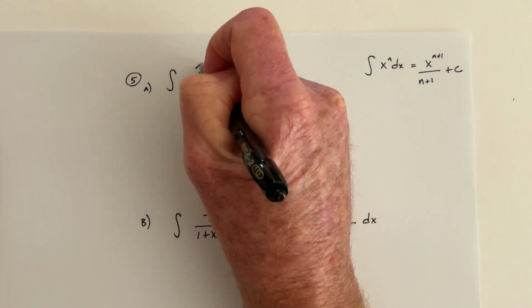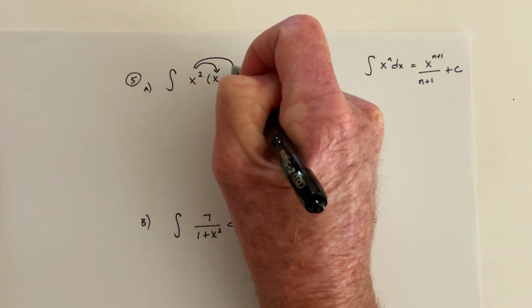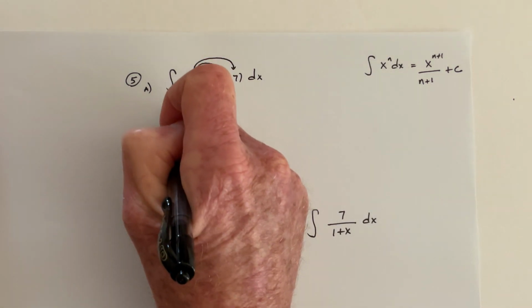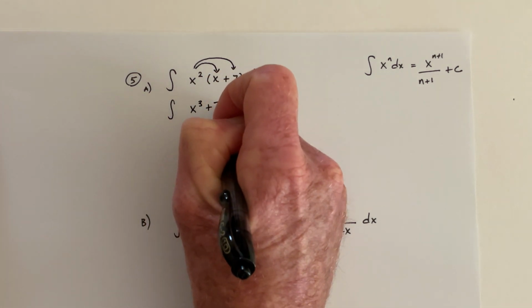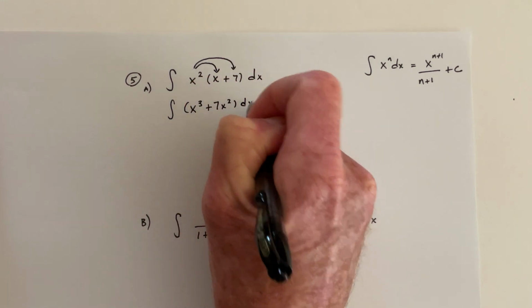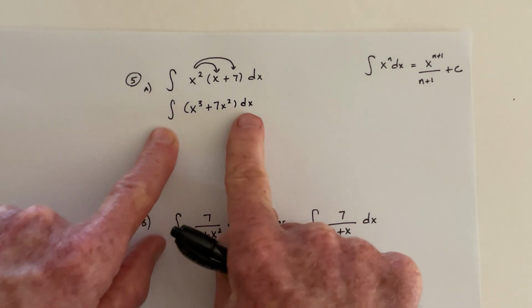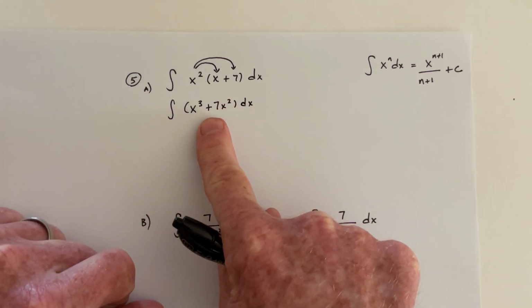Although first, I do need to do algebra and multiply this out before finding the antiderivative. So the integral of x cubed plus 7x squared. And these two things, the integral symbol and the dx, they go together to say find the antiderivative of this.